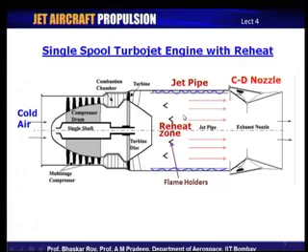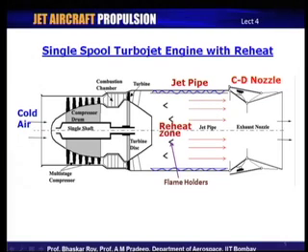Now, where does the high pressure come from? This simply means that if we are going to have a reheat engine or an afterburning engine, it is necessary that we have a CD nozzle, and if the CD nozzle is going to convert all the potential energy or a good part of the potential energy to high velocity jet, the pressure available here also should be very high.